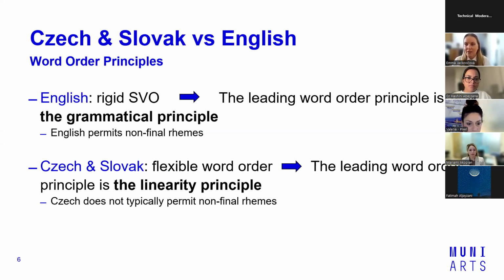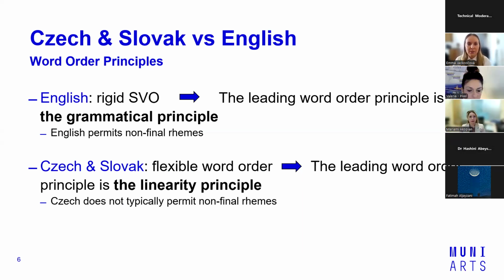Czech and Slovak have flexible word order, they have a lot of inflection, and they prioritize the linearity principle, which you could understand as the principle of end focus and weight. That means that the rheme will always be at the end of the sentence because flexible word order will allow it. So that means that Czech and Slovak don't typically permit non-final rhemes.